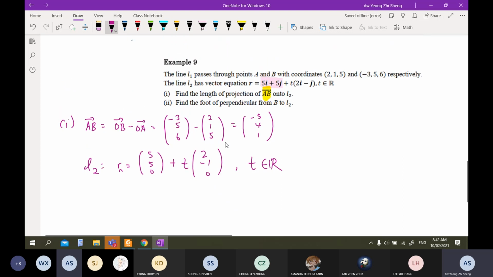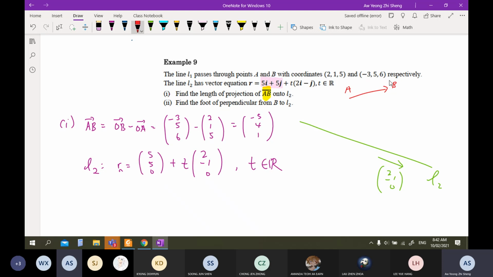Now, let's visualize a simple diagram. No marks are given for the diagram, but it's usually helpful to visualize. So I just simply draw a line L2. This is where I want to project my vector AB on. I have a vector that is parallel to L2, that will be the direction vector (2, minus 1, 0). Now, my vector AB could be somewhere outside the line, or it can be on the line L2.